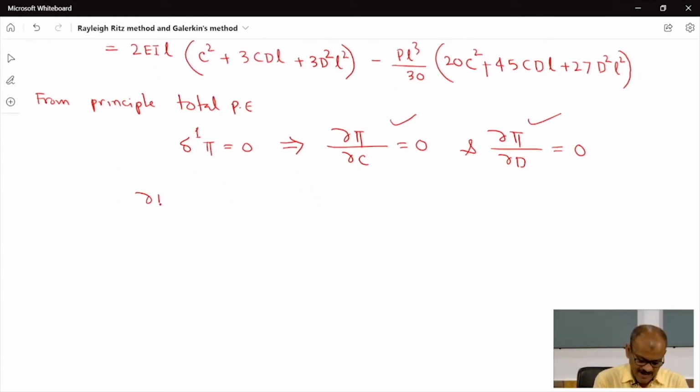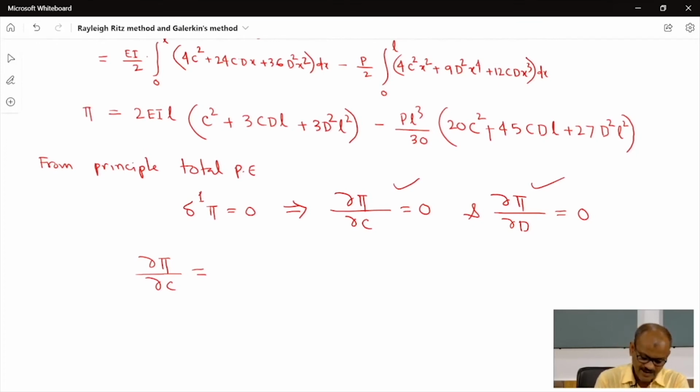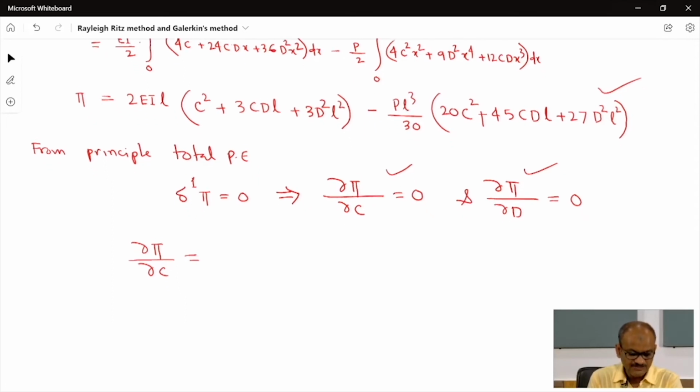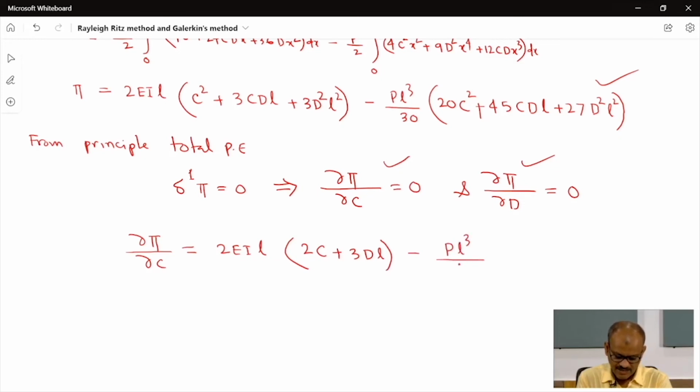This del pi by del c, this pi is this expression. So, if we differentiate with respect to c, that will give 2 EI into L multiplied by 2c plus 3 dL, minus P L cube by 30 by 40c plus 45 dL. So, this equal to 0.